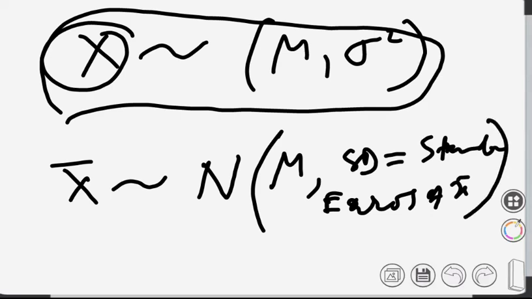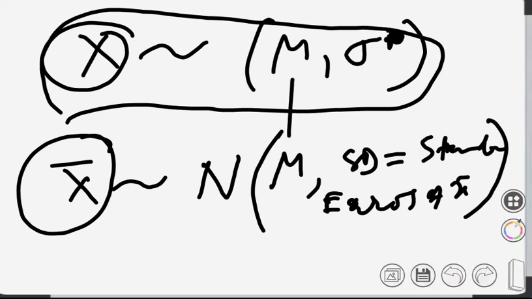This is what it essentially says. So x follows any distribution with mean mu and variance sigma square, and the sampling distribution of x bar will follow a normal distribution with the same mean as the population and standard deviation equal to the standard error of x bar.